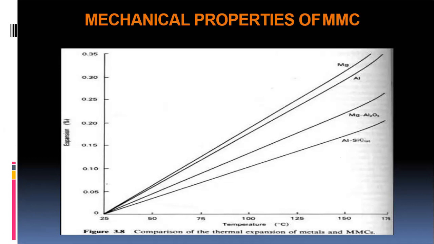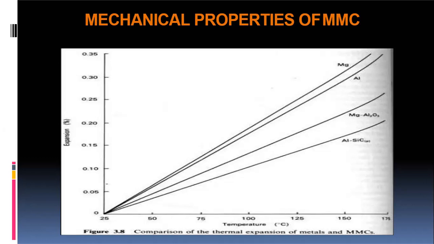Here we are taking the graphs for the four metal matrix composites and comparing them with each other. Of all the four, magnesium has the highest expansion with temperature.